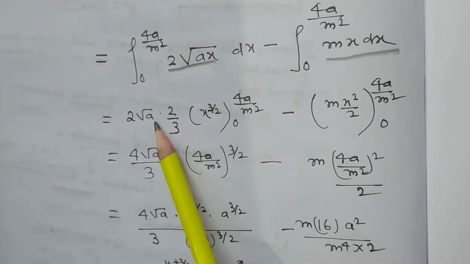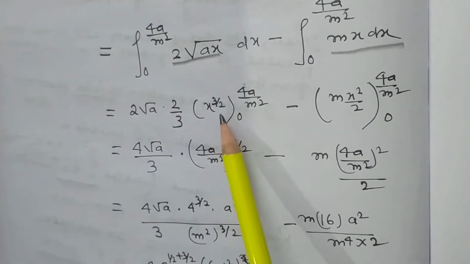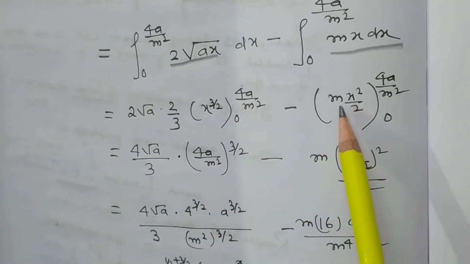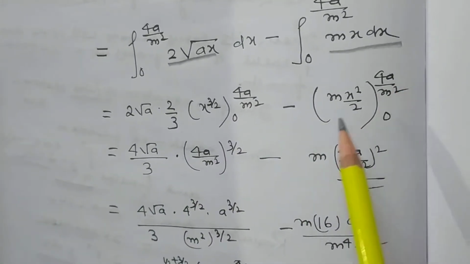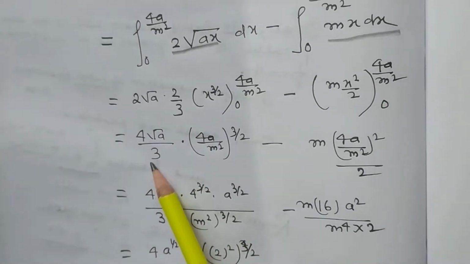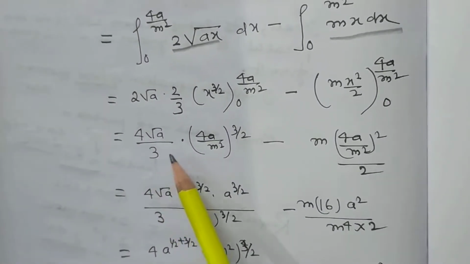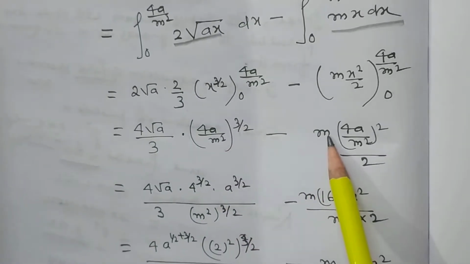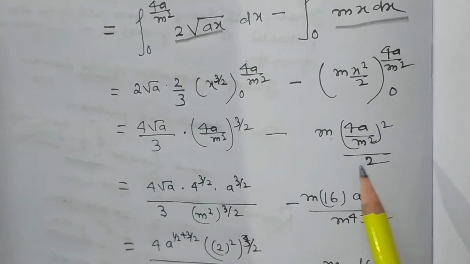It will be 2 root a into 2 by 3 x to the power 3 by 2 from 0 to 4a by m square, and minus mx square by 2 from 0 to 4a by m square. So after solving we have 4 root a by 3 into (4a by m square) to the power 3 by 2 minus m (4a by m square) whole square by 2.